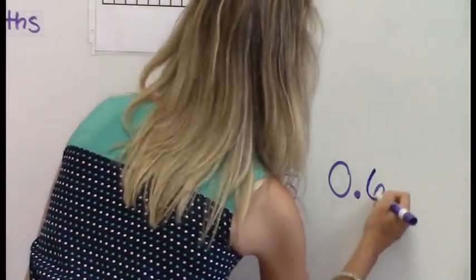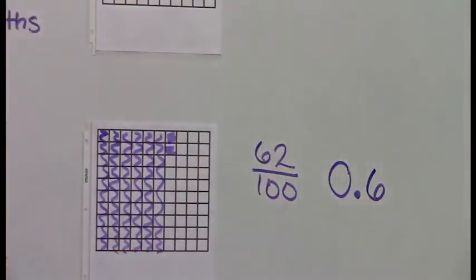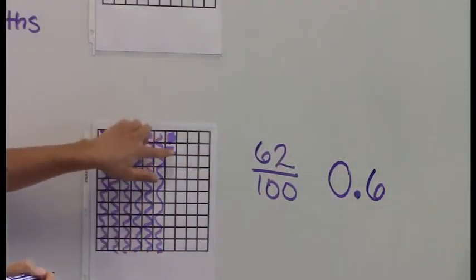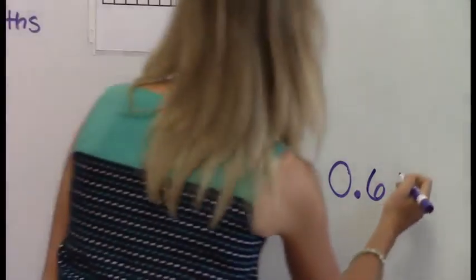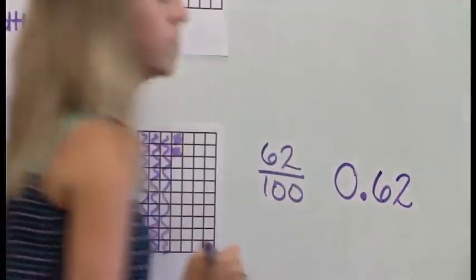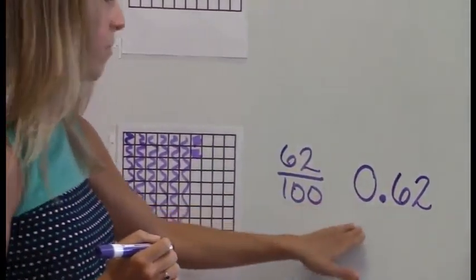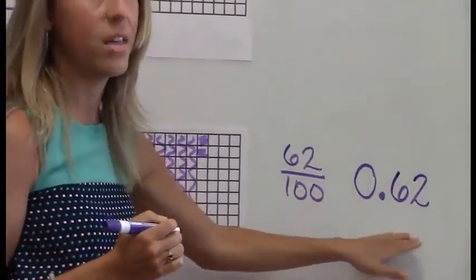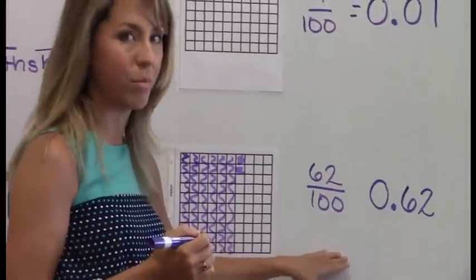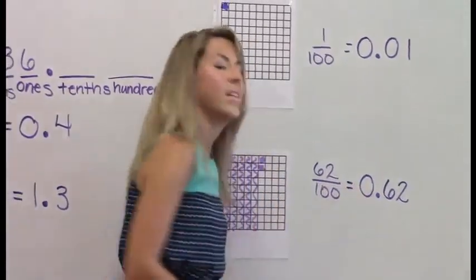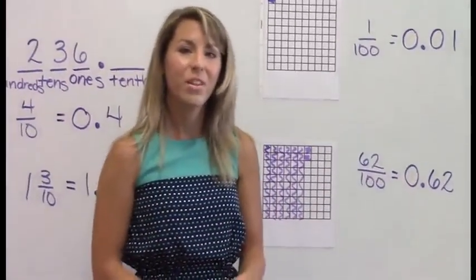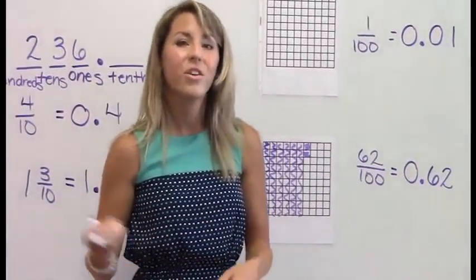So we record a 6 in our tenths place. We have 2 100ths shaded, so we record a 2 in our hundredths place. And we would read this value as 62 100ths, exactly as we read the fractional representation of 62 100ths. This is how we teach our students to relate their fractional understandings to their knowledge of decimals.